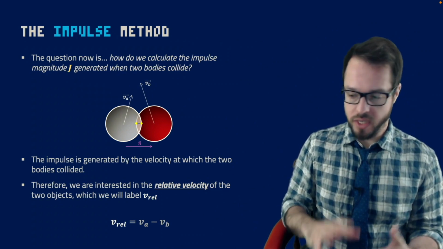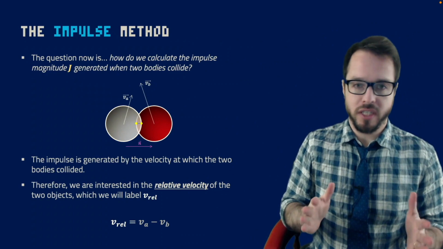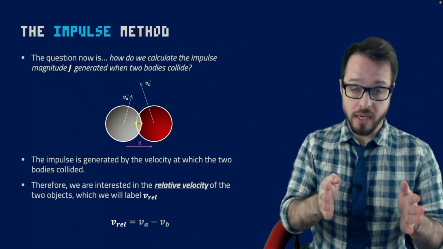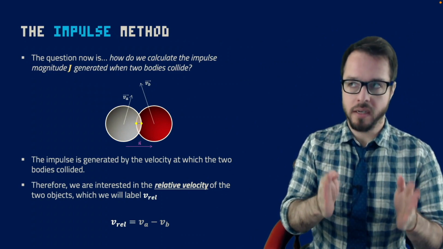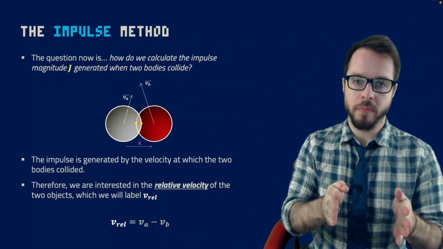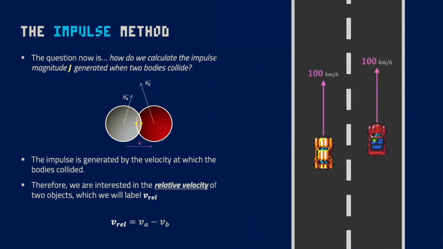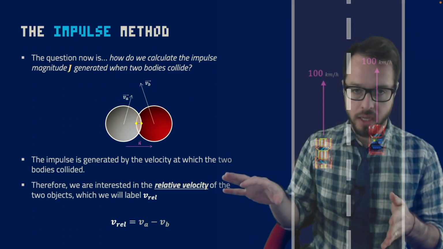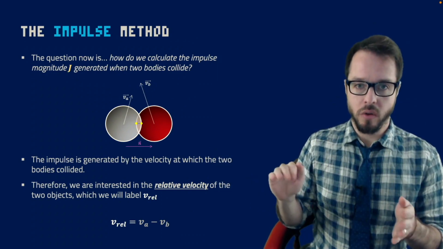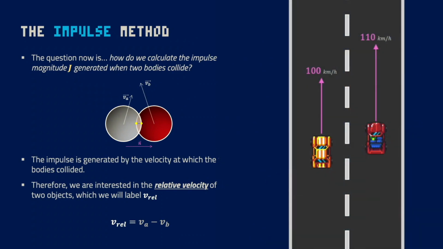And if you want to put things into context, if I'm driving on a road at 100 kilometers per hour, and I have another car beside me that is also riding at 100 kilometers per hour, the relative velocity between my car and that other car is 0. The difference between my velocity and that other car is 0. And if that car goes a little bit faster, let's say 110 kilometers per hour, then the relative velocity is 10 kilometers per hour.